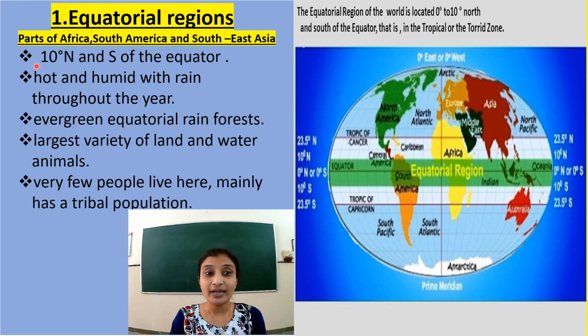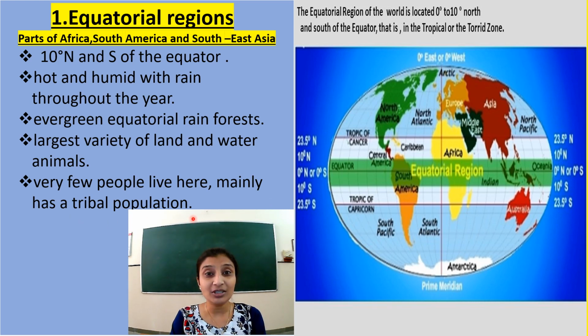It lies between 0 degree to 10 degree north and south of the equator. The climate here in the equatorial region is hot and humid with rain throughout the year. It has evergreen equatorial rainforests. It has the largest variety of land and water animals. Very few people live here, mainly a tribal population.